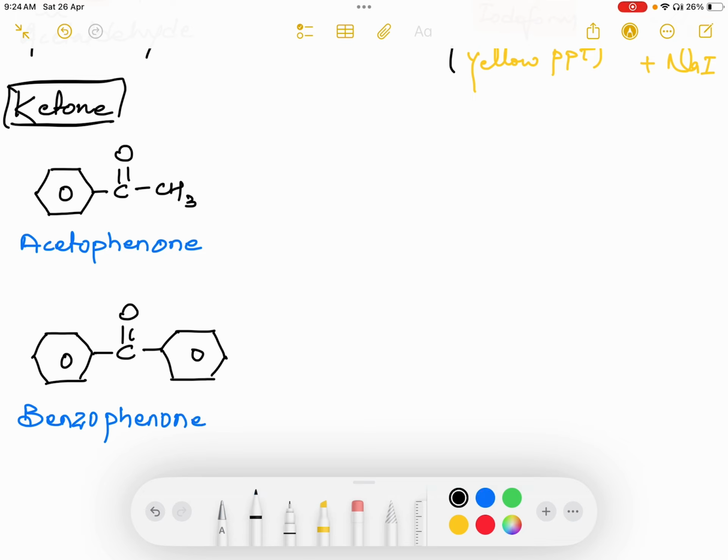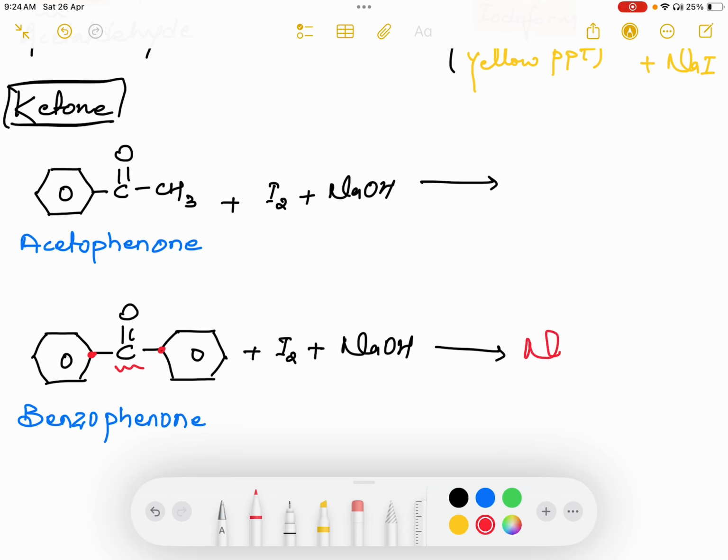When they are treated with I2 and NaOH, or alkaline solution of iodine, in this case we cannot observe any CH3 group attached to the carbonyl. Hence, it will not give any reaction.